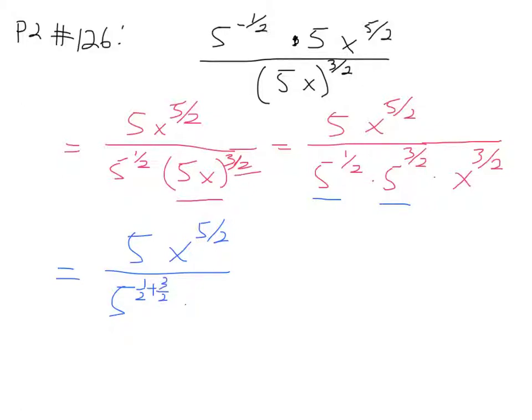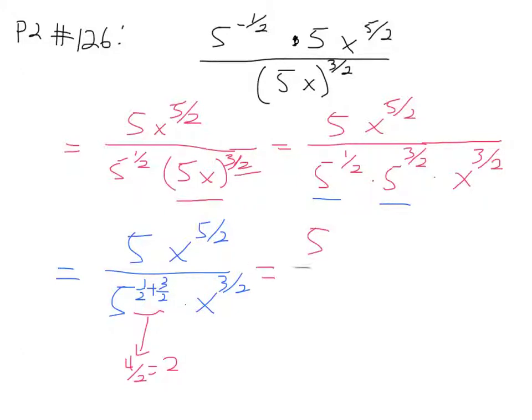Okay, times x to the 3/2. All right, well, 1/2 plus 3/2 is the same as 4/2, right? This thing is 4/2, but 4/2 is the same thing as 2. So this whole thing is 5 to the power 2 on the bottom, right?